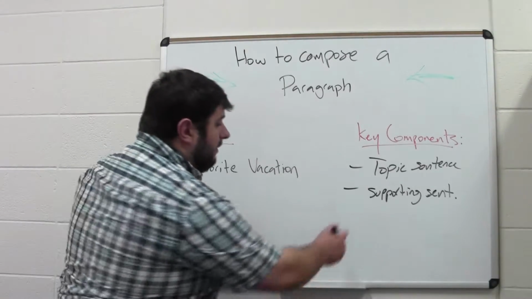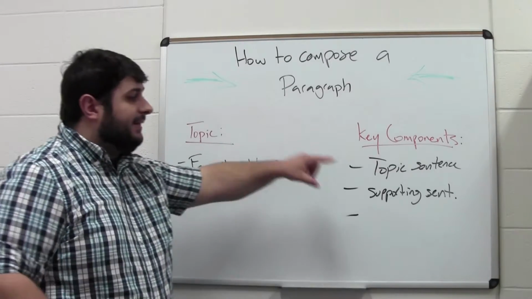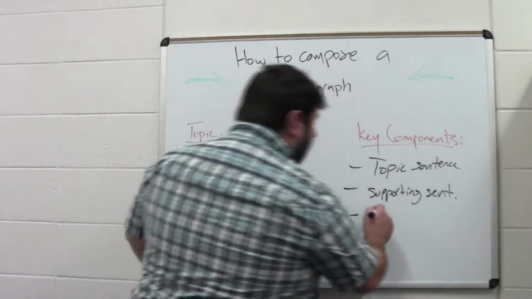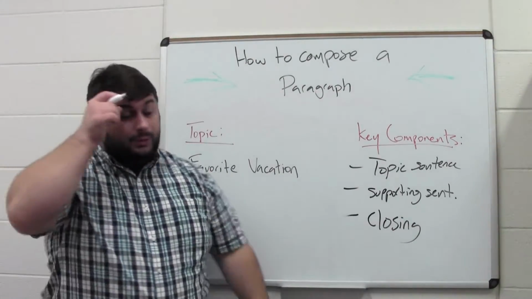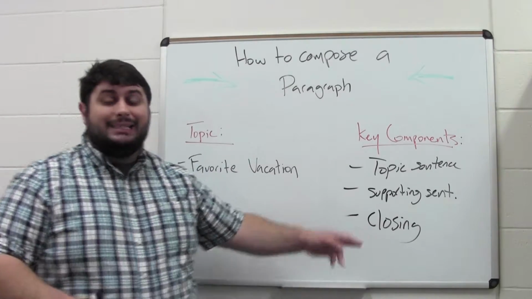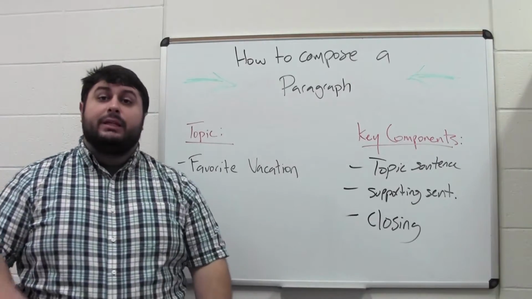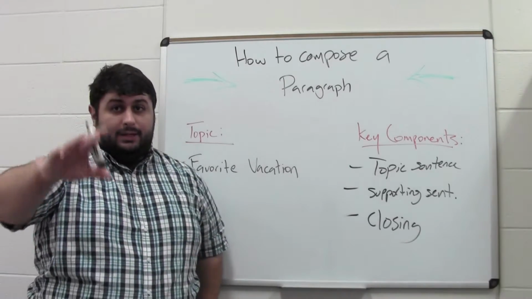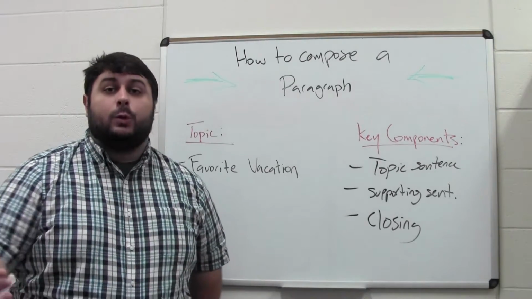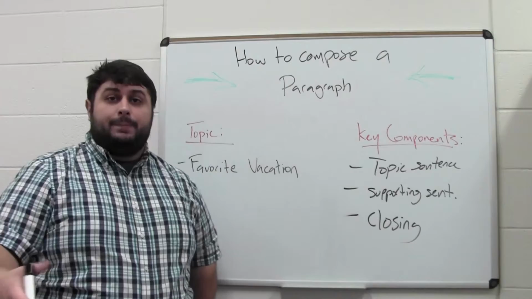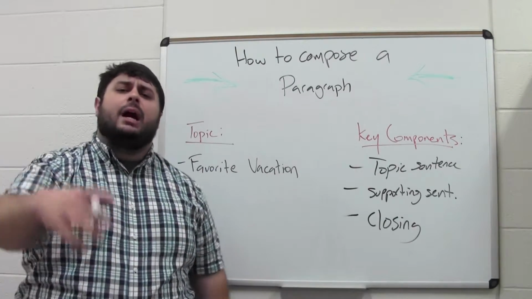There's really only three major components to a paragraph: topic sentence, supporting sentences, and then you've got your closing. So your closing sentence is, again, exactly how it sounds. Your closing sentence really serves as a non-repetitive way of closing out your paragraph. It's a summation of the points you've made, a rewording of the topic sentence, but in a non-repetitive way.